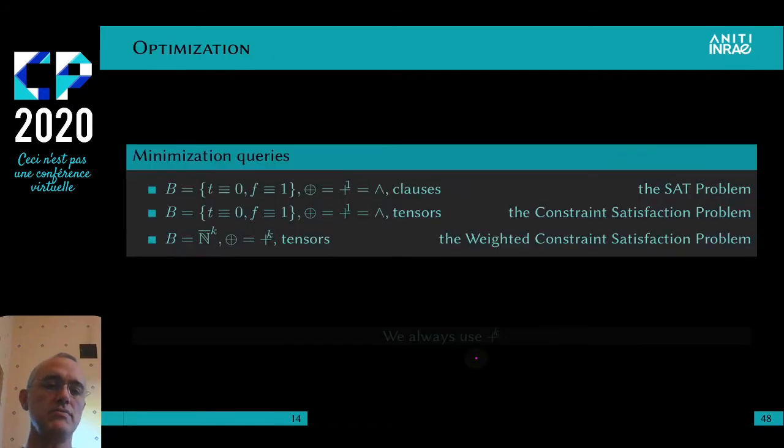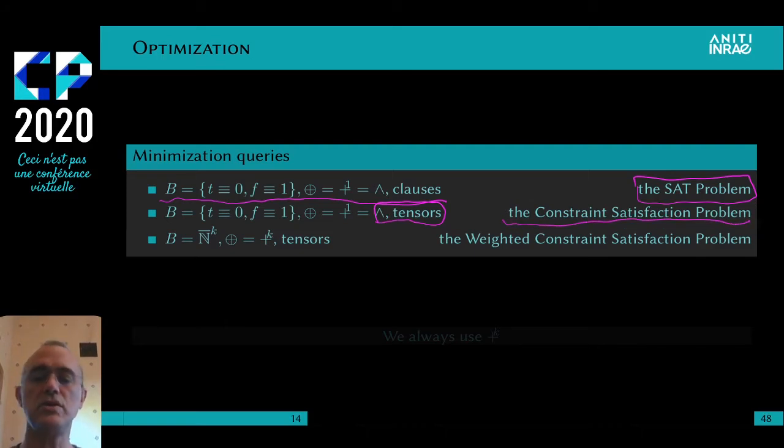So now, we have cost function networks and graphical models. We want to do optimization. What do we do in practice? Well, if we use Boolean and clauses, minimizing is solving that problem. If you use tensors instead of clauses to express your functions, you are actually solving the constraint satisfaction problem.